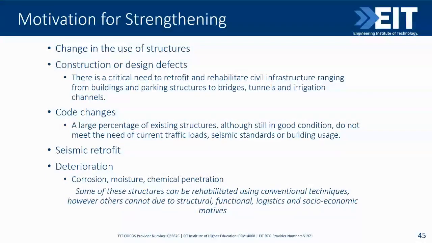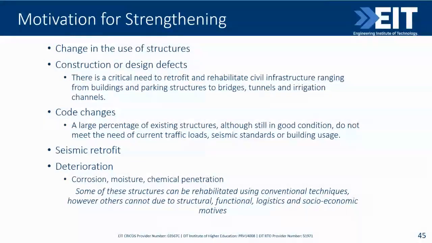Because then we will reduce the clearance in the car park, so we're reducing the use of it. So there are all different reasons for this, and the use of FRP composites presented itself, like I said, 20 years ago, as an attractive option in all these cases, and it has become very popular since then.